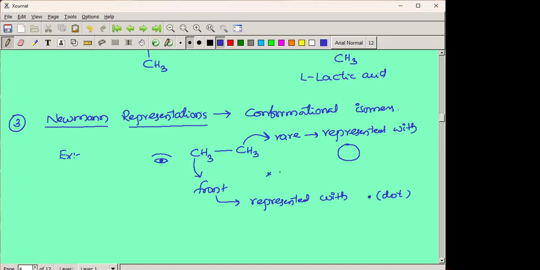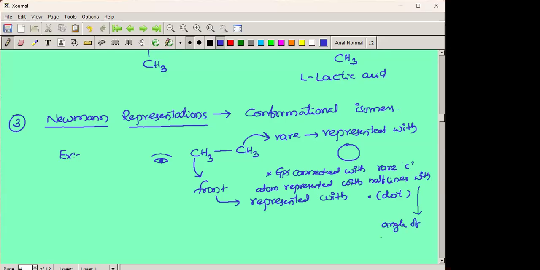So groups or atoms which are connected with the rear carbon atom are represented with half lines, with an angle of separation of 120 degrees.